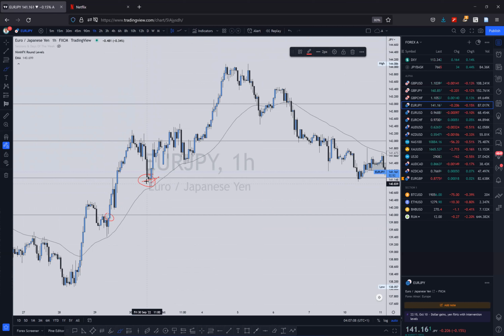So that was a good buying opportunity from here, either to take your profit here or take your profit here. So that is one aspect of the trend lines: using the trend lines together with the EMA and using the psychological levels also as a helping tool.